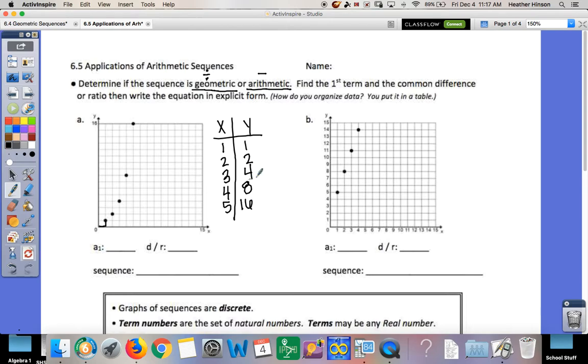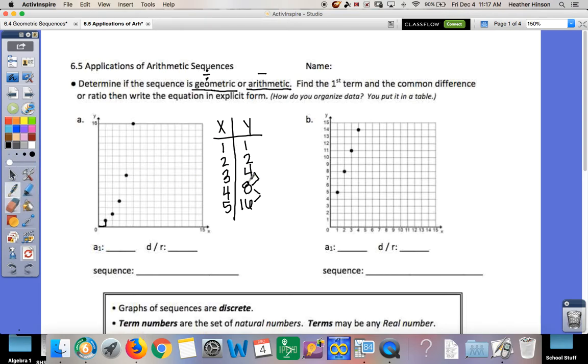So when you're looking at your table, what do you think we're going to do? Do you think you get the same number if you divided or if you subtracted? Well, you can try subtraction. 16 minus 8 is 8. 8 minus 4 is 4. So that one doesn't work.